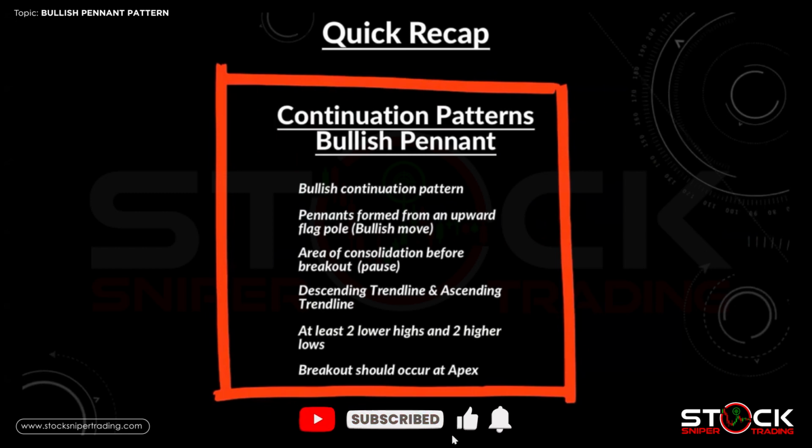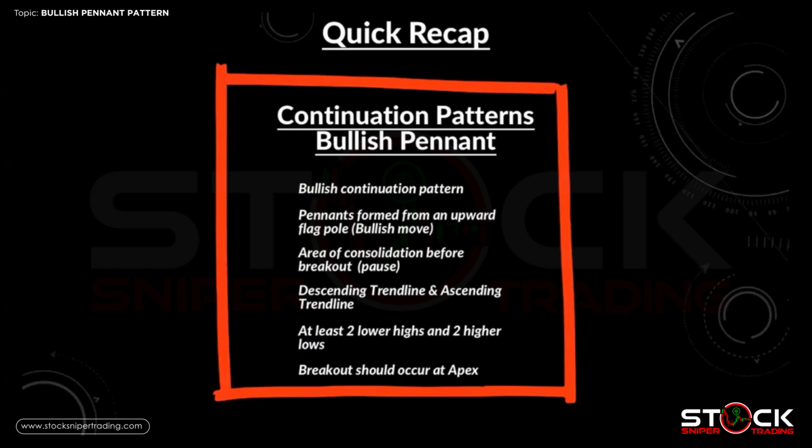At least 2 lower highs and 2 higher low touch points. And a breakout should occur at the apex in a bullish momentum, as long as we have bullish volume coming into the market and our bottom trend line continues to make higher lows.